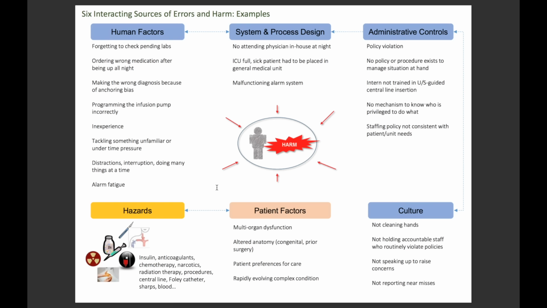There's not proper training. So when people come in the door as a resident or an intern or an attending, they don't get the proper training in advance of taking care of patients. Central line would be a great example of being trained on an ultrasound before you put a central line in. Not knowing who's privileged.